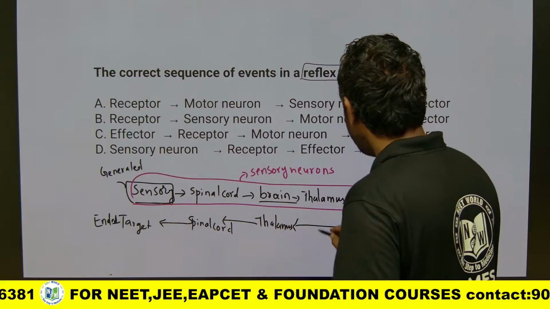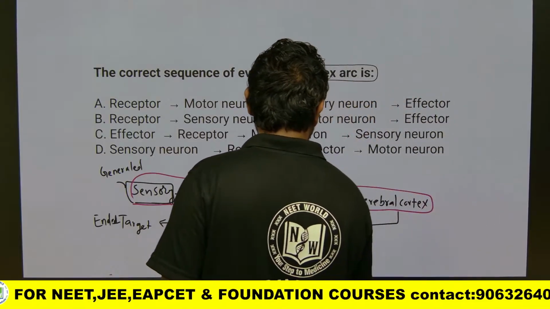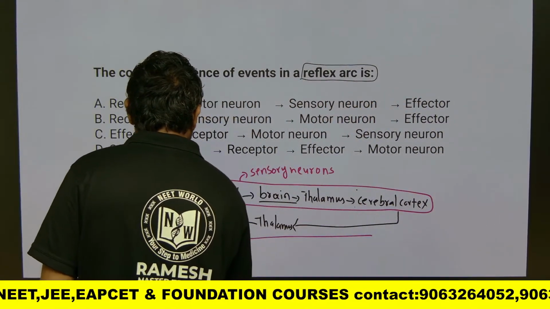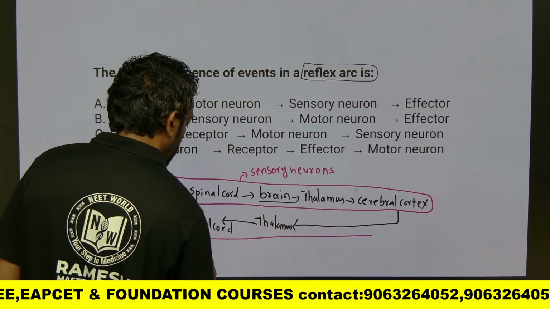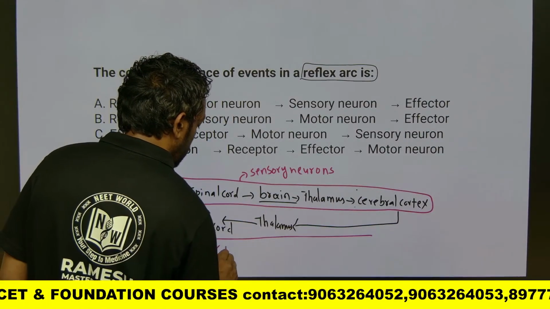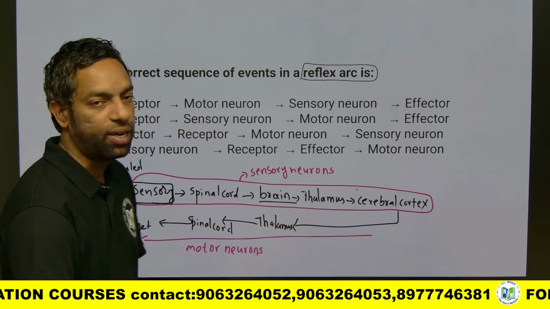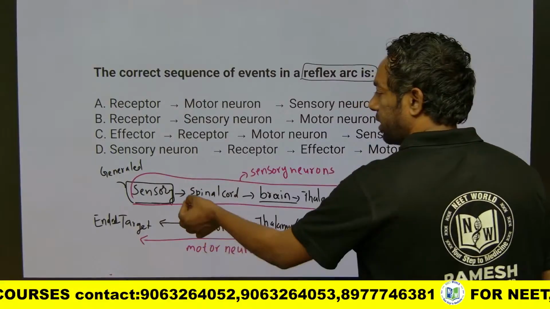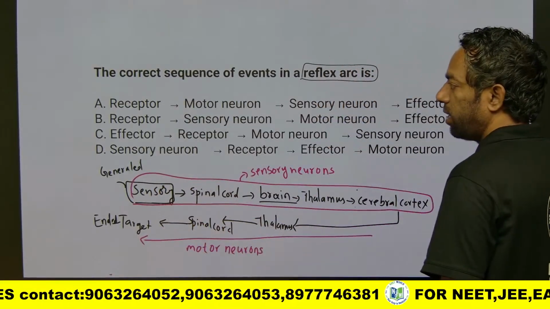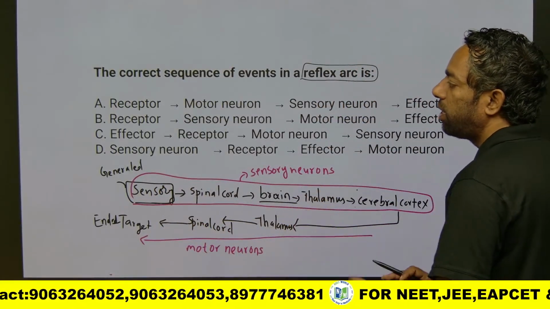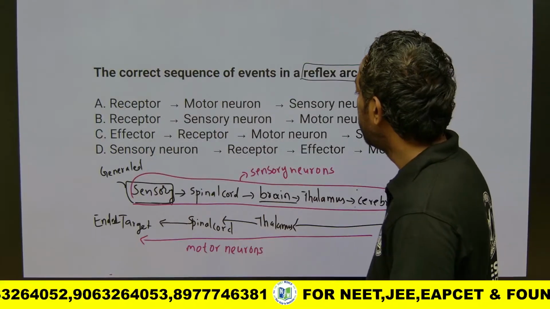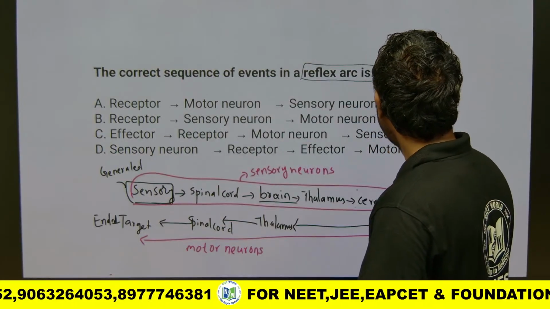And these from the cerebral cortex are the motor neurons. So first where the signal is generated, that is actually the receptors, sensory neurons, motor neurons and effectors.